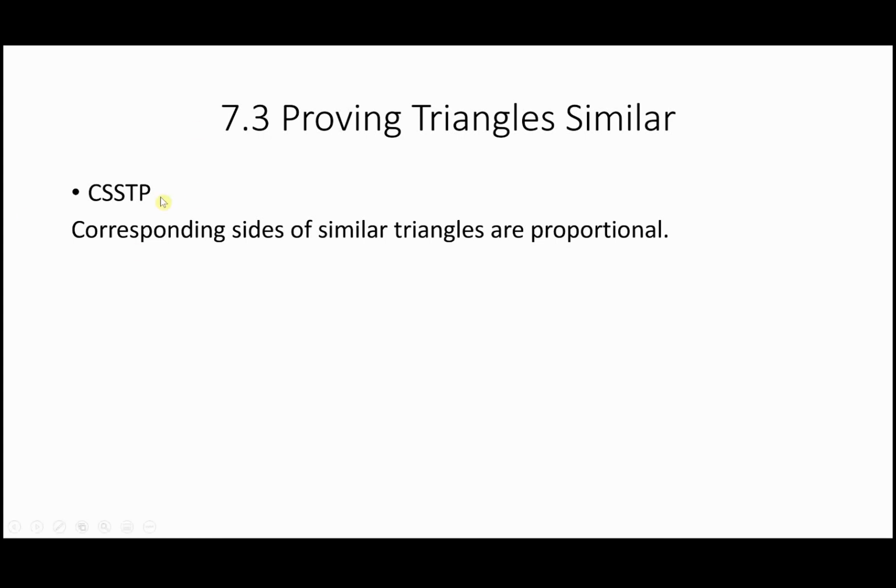Now we have a 5-letter code, CSSTP, which stands for corresponding sides of similar triangles are proportional. So if you recall, that was the second condition associated with the definition of similar polygons.